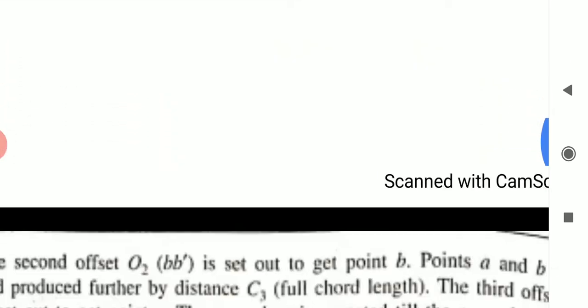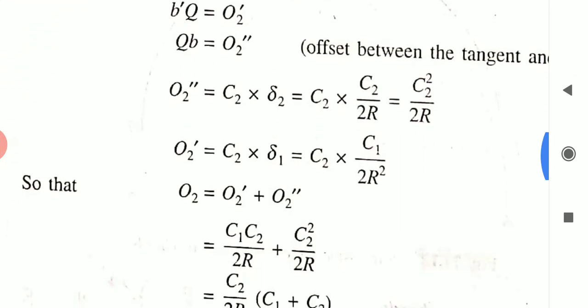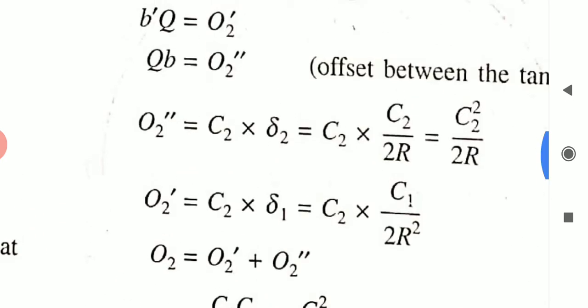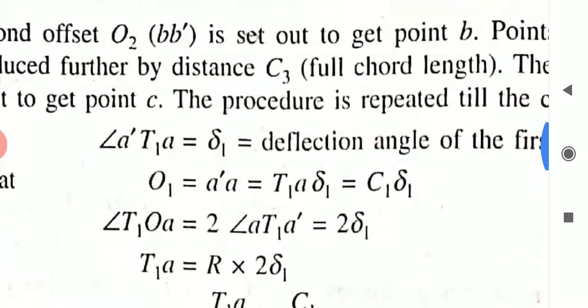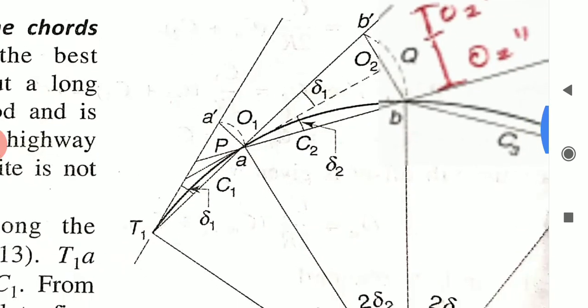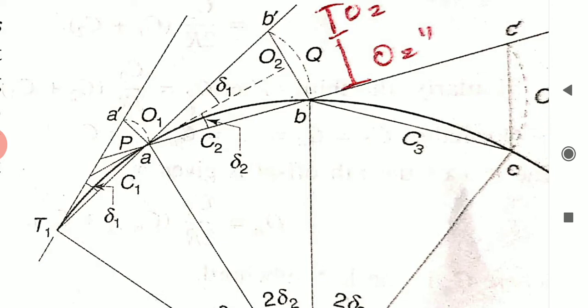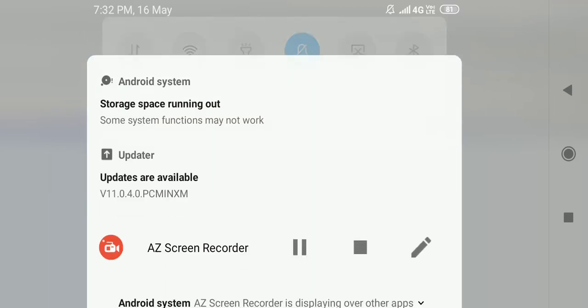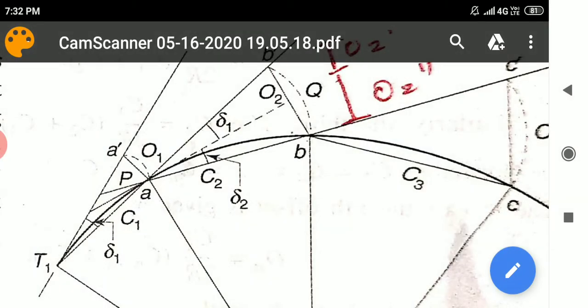In further solving the equation, see here, O2 double dash is nothing but C2 into delta 2. O2 double dash is C2 into delta 2.